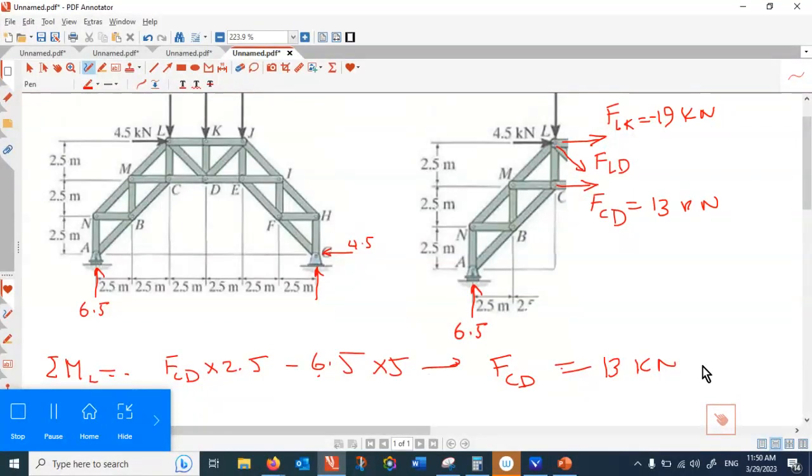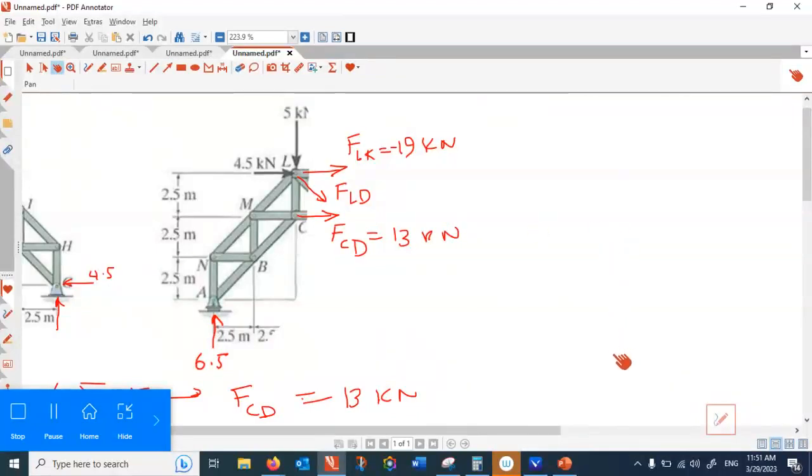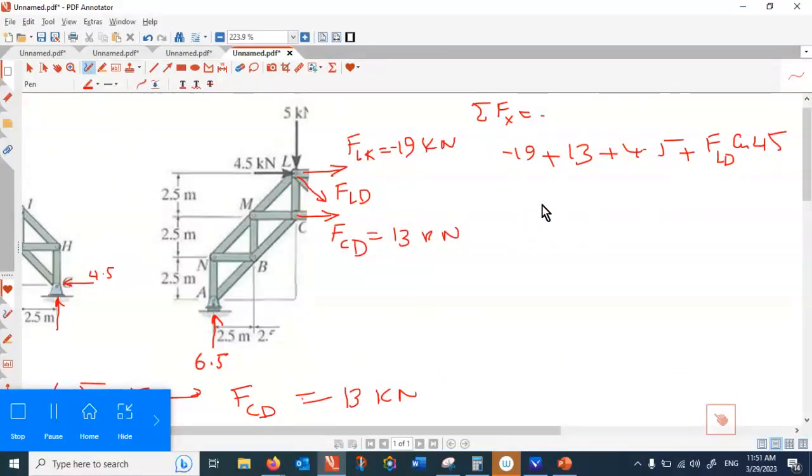And finally, to find FLD, that is simple. You have to find the forces either horizontally or vertically equal to 0. So let's take the forces horizontally equal to 0. That is minus 19 plus 13 plus 4.5 plus FLD cos 45, and that's it.